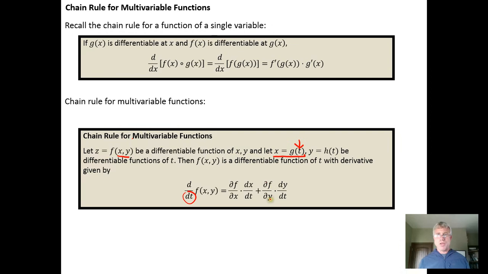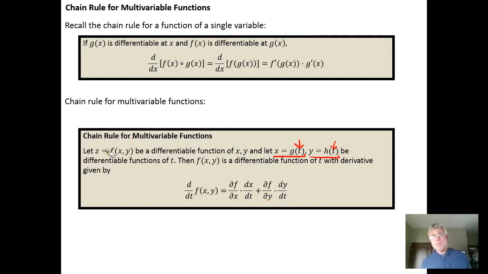So we do partial f partial y, if y is a function of t, times dy/dt, we get the rate of change of f with respect to t that is because of how things are changing in the y direction. And the sum of the two changes, the change as a result of change in the x direction plus the change as a result of the change in the y direction, gives you the total rate of change because of t.